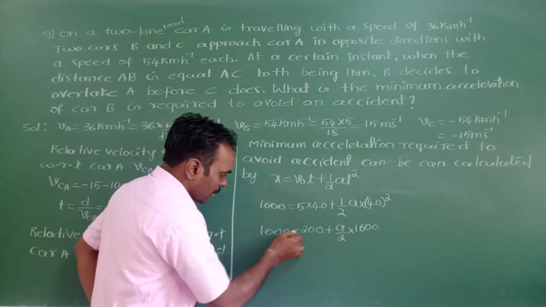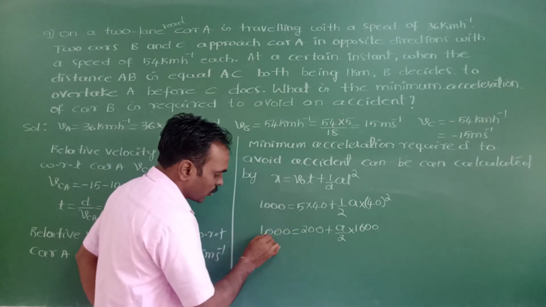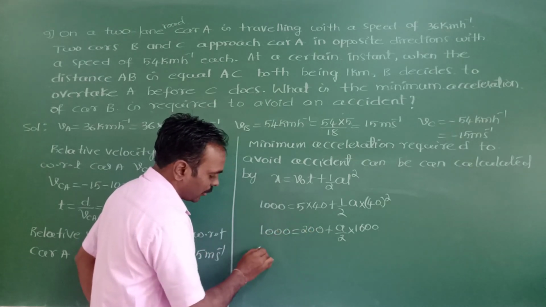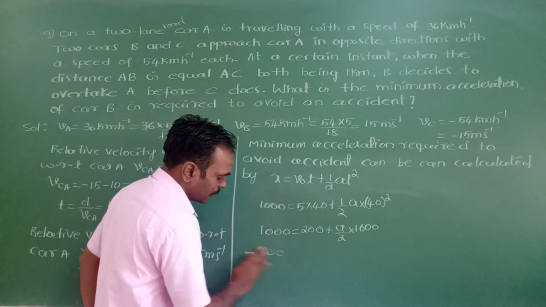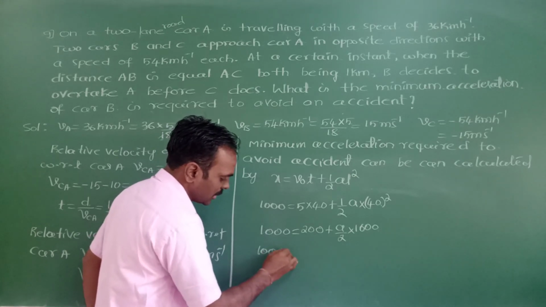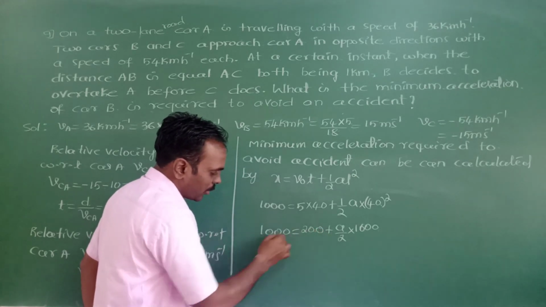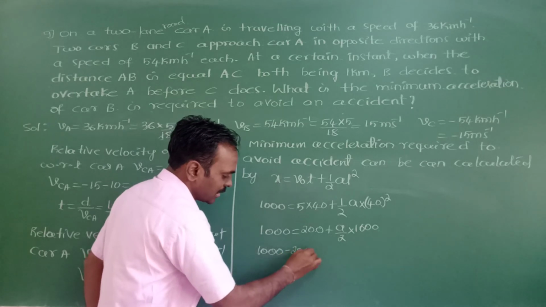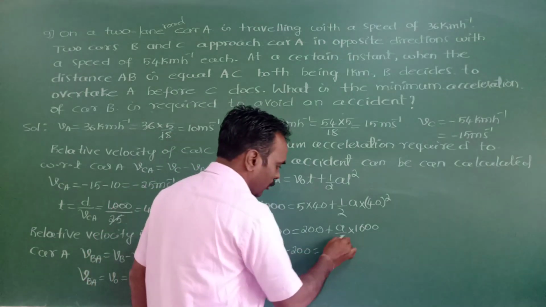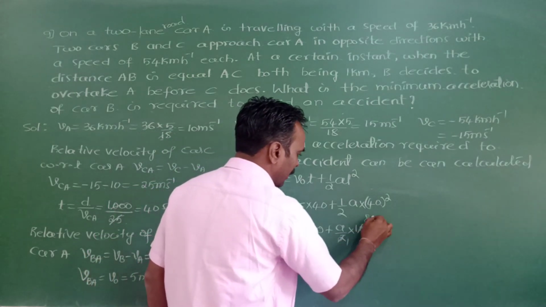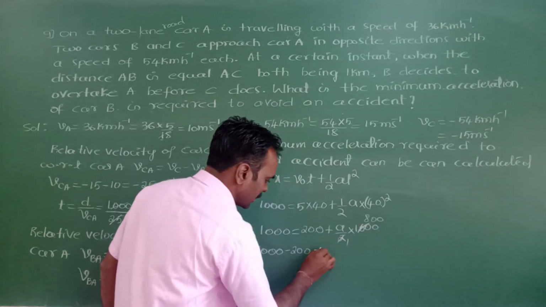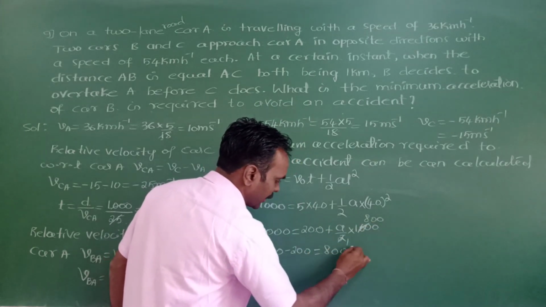So now take this 200 to this side. 1000 minus 200 is equal to 800. If you take this 200 to the LHS part, it will become 1000 minus 200, and on the right side 2 ones are 2, 800. So this is 800.